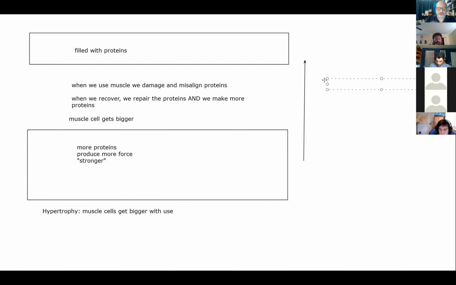Muscle is a nutrient reserve. If you don't use it, it gets broken down, and the cells get smaller. And as you mentioned, we call that process atrophy.